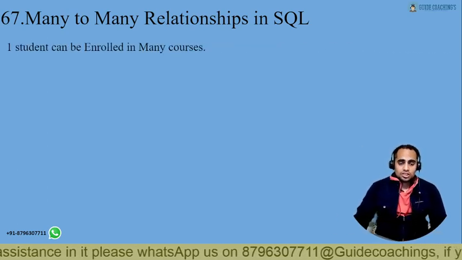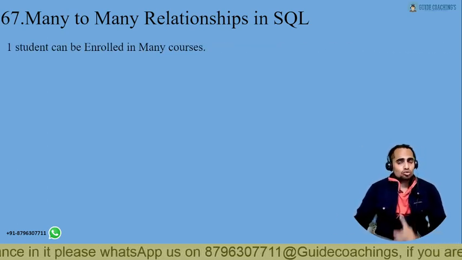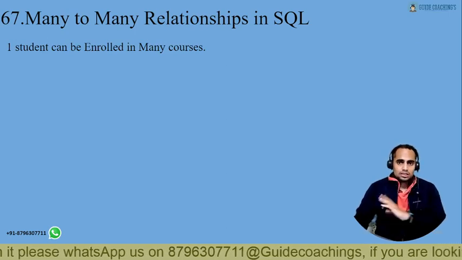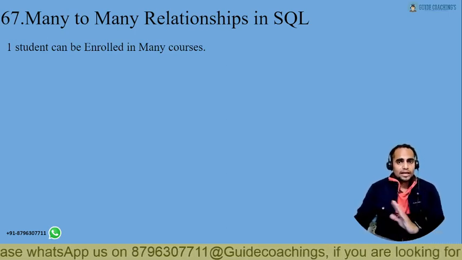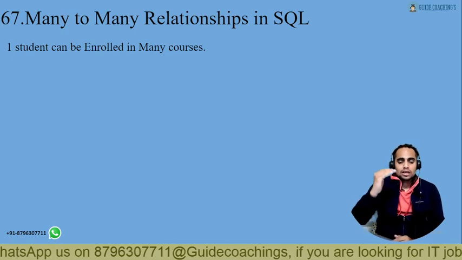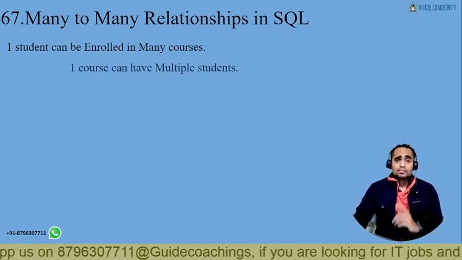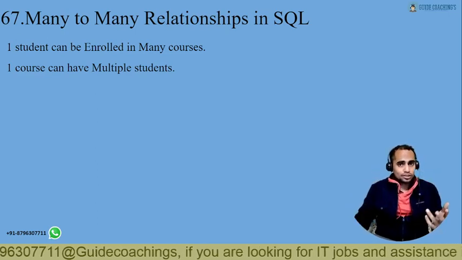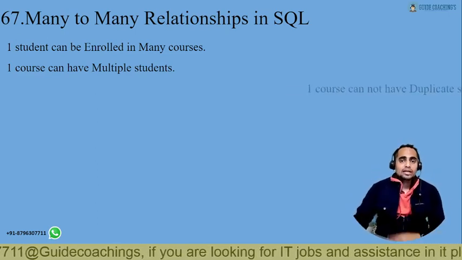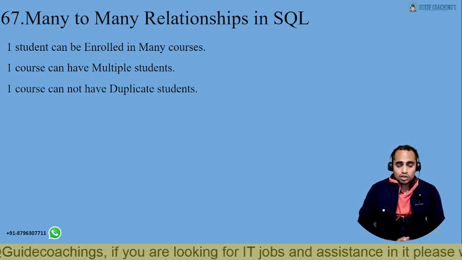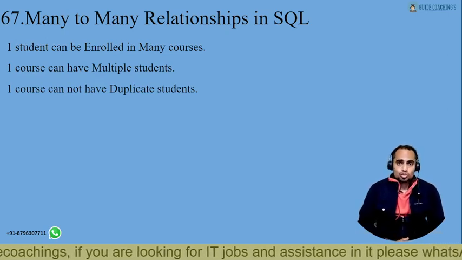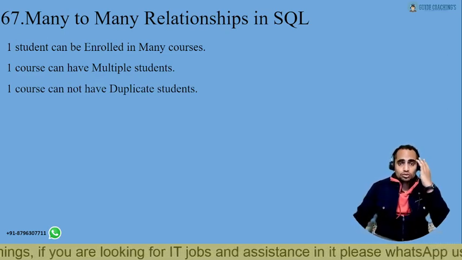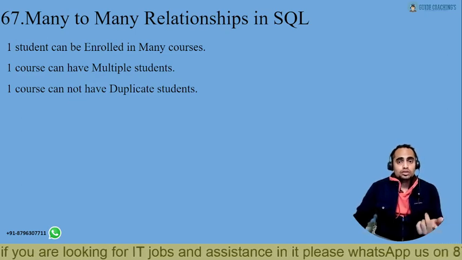The first condition is one student can be enrolled in many courses. One student can be in more than one course. The second condition is one course can have multiple students. The third requirement is one course cannot have duplicate students. If Ravish is in a course, Ravish cannot be there twice for the same course.